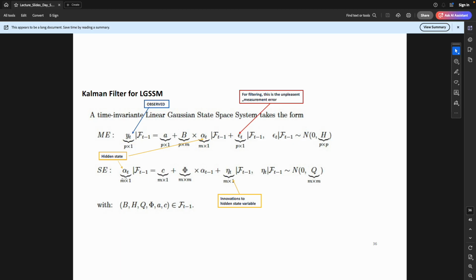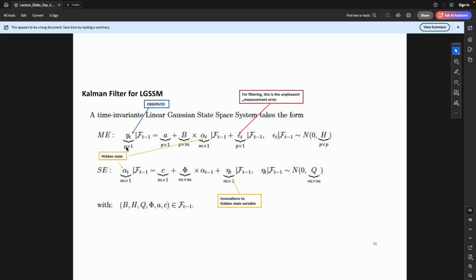It moves through time based on an autoregressive parametrization plus a Gaussian shock, and the shock has a covariance matrix Q. So the parameters here are A, B, H, C, phi, and Q. These are parameters that later on we have to estimate.